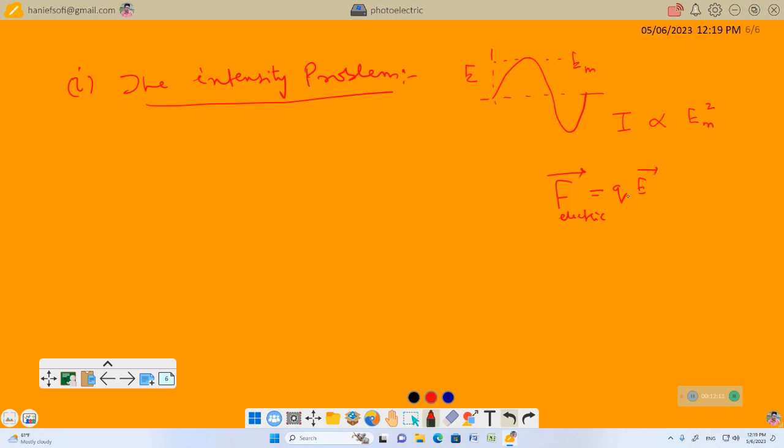So when you apply this idea to the electron in the metal surface, when you shine light on the metal surface, the electric field present in the wave will exert force of electric nature on the electrons. That force will do work on the electrons that increases the kinetic energy of the electrons, right?